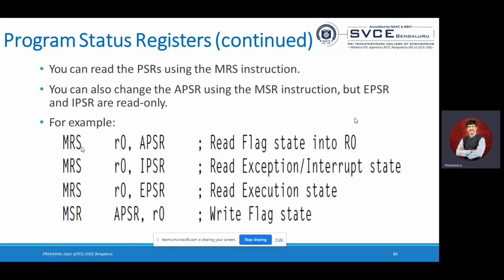What exactly it is performing is: read from APSR, load into R0; read from IPSR, load into R0; read from EPSR, load into R0. R0 is overwritten here. But later, whatever result has come in R0 will be stored back into APSR, which writes the flag state.